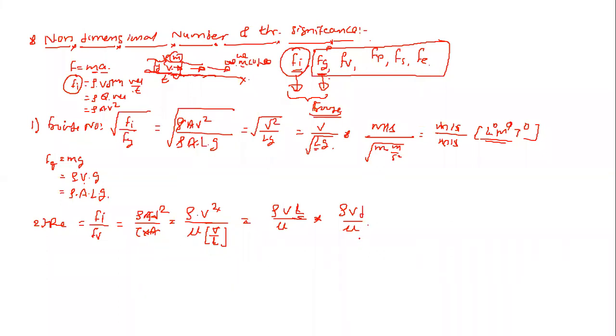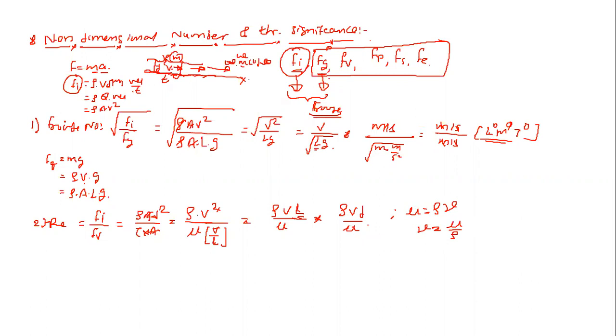And if you consider the kinematic viscosity, nu, then we know the relationship between the kinematic viscosity and dynamic viscosity, that is mu is equal to rho into nu, that is nu is equal to mu by rho.